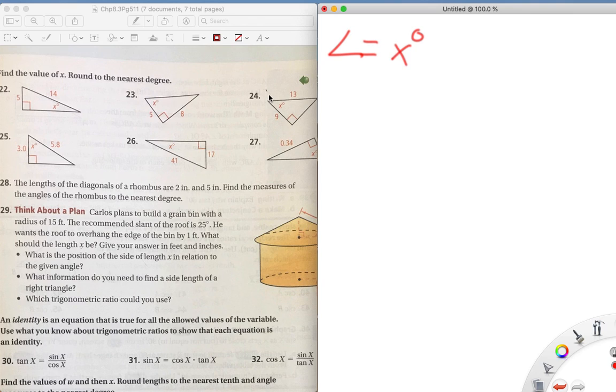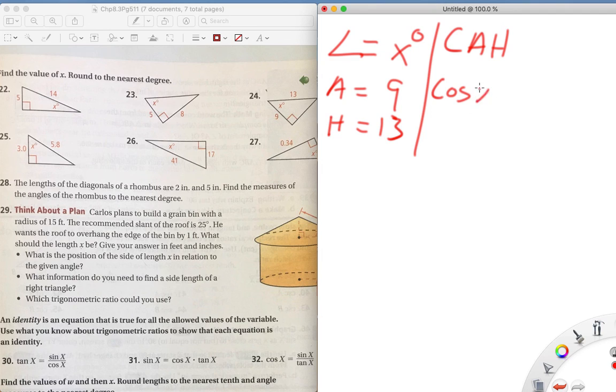I see that we have an adjacent here in relation to the x, so that's going to be 9, and 13 is my hypotenuse because it's opposite of the 90-degree symbol. So looking at my SOHCAHTOA, looks like it's the CA, or cosine is adjacent over hypotenuse, so cosine of x is equal to adjacent over hypotenuse.